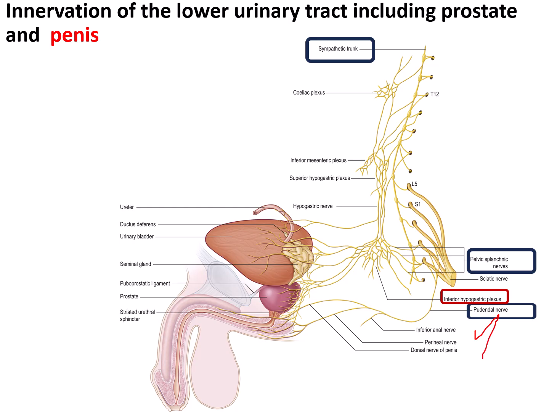Okay, the autonomic nerve supply of the penis, prostate, seminal vesicle, vas deferens, and bladder is either sympathetic or parasympathetic. The parasympathetic nerve supply arises from the sacral plexus through the pelvic splanchnic nerve, which joins here the inferior hypogastric plexus. The sympathetic nerve supply is arising from the sympathetic trunk. Also, these sympathetic fibers join this plexus.